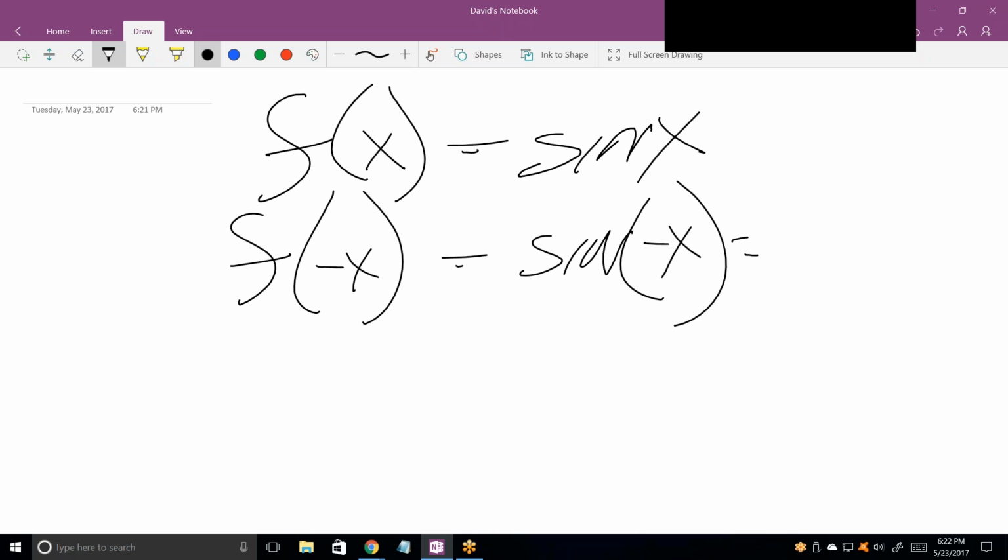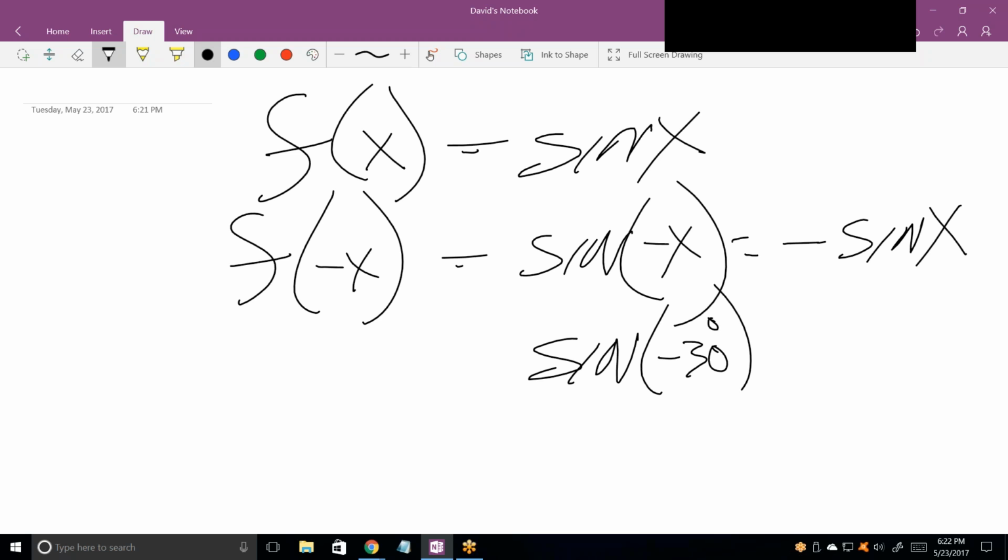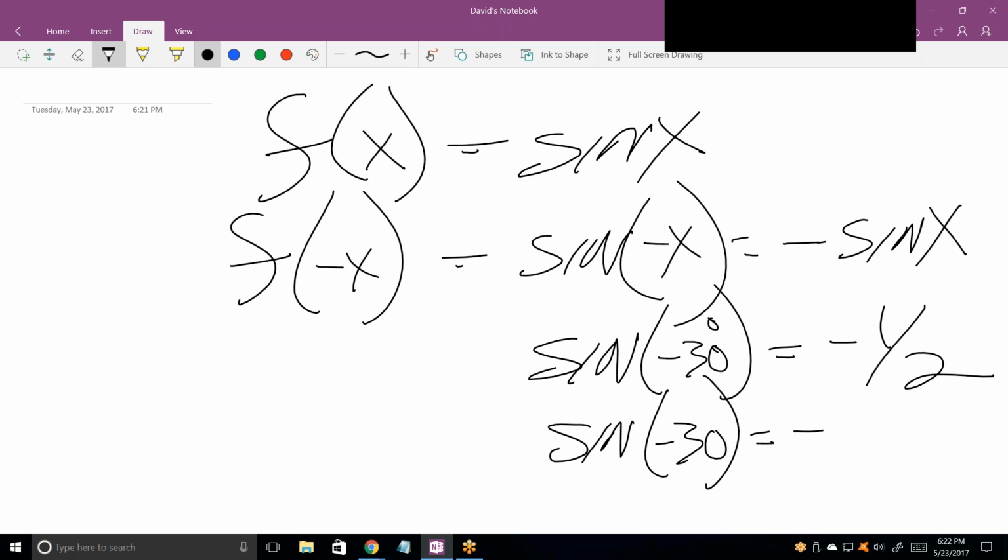What's sine in the fourth quadrant? Negative. So that's equal to minus sine of x. In other words, if I said, what's the sine of minus 30 degrees, our reference angle is 30 degrees, so the answer is 1/2, but it's in the fourth quadrant, so it's minus 1/2. So the sine of minus 30 degrees is equal to minus the sine of 30 degrees.